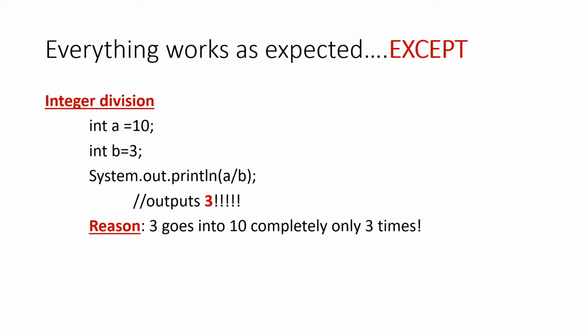So everything works as expected except division involving two integers. So here's an example where we have int a equal 10 and int b equal 3, and when we divide 10 by 3, it outputs 3.